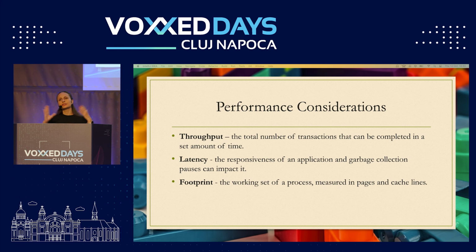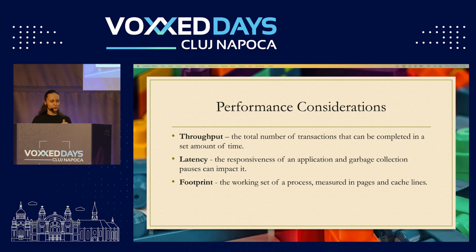And the performance considerations when it comes to fine-tuning garbage collection, probably known to you, are, I would say, 3 of them. Throughput, first of all, meaning the total successful transactions that your system can do. Latency, how fast you got those responses. And of course, footprint, how many resources your system is working with. And of course, all the time we're going to strive for a perfect match between all these.